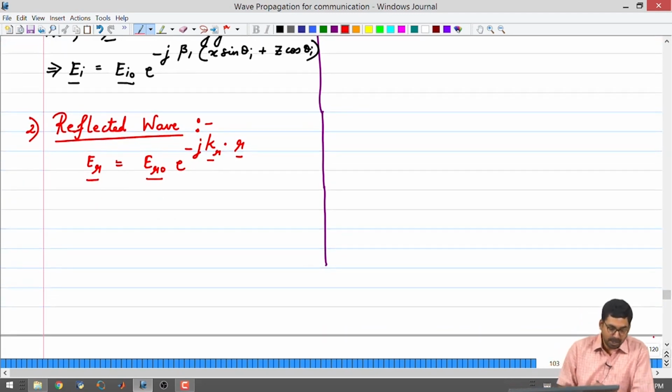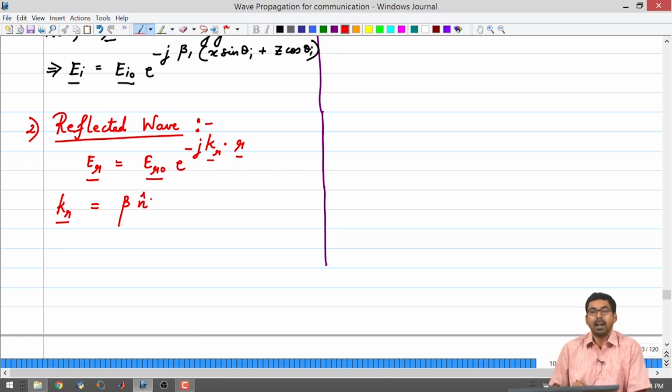Once again, what we can do is say that k r is simply the phase constant beta multiplied with some n hat, where n hat is the unit vector in the direction of travel of the reflected wave. So, effectively I have to figure out the components of n hat, n x, n y and n z.